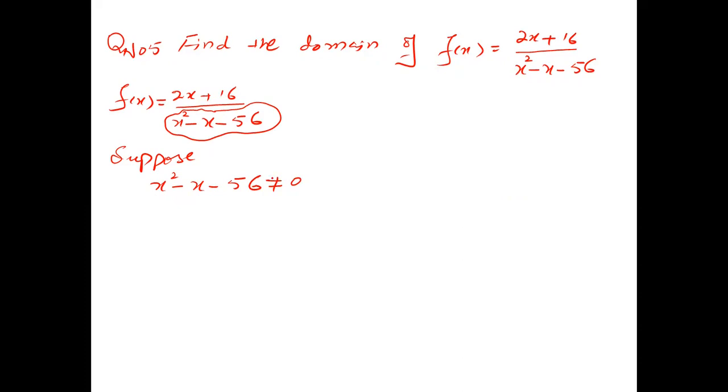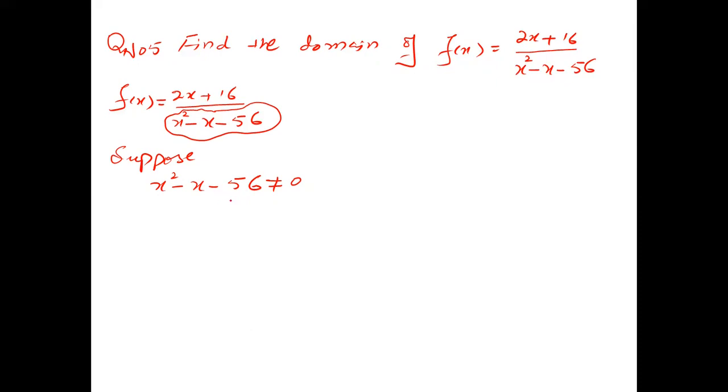Again, we can either factorize to find the value of x, or we can solve this quadratic equation with the help of the completing square method, or with the help of the quadratic formula.